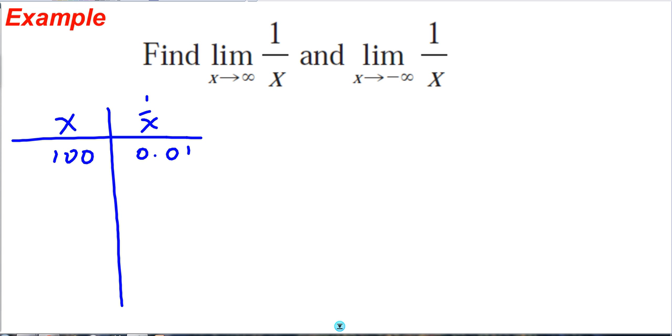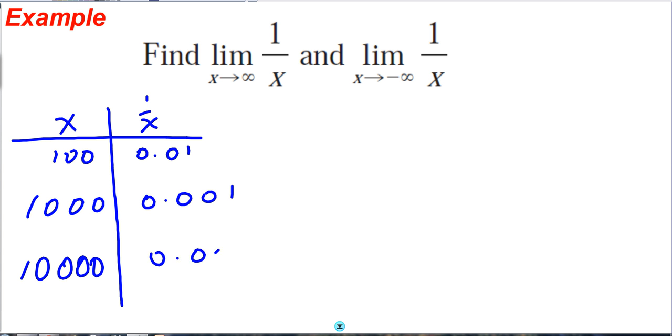When it's 1000, 0.001, and when it's getting very, very large, let's say 100,000, 0.0001.